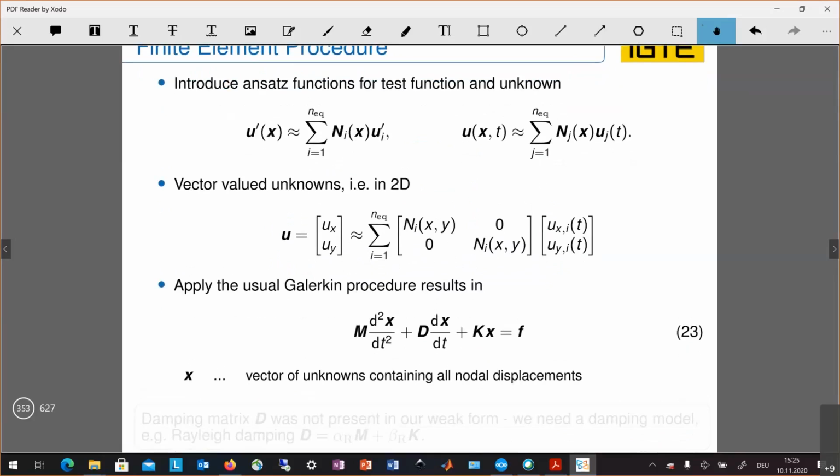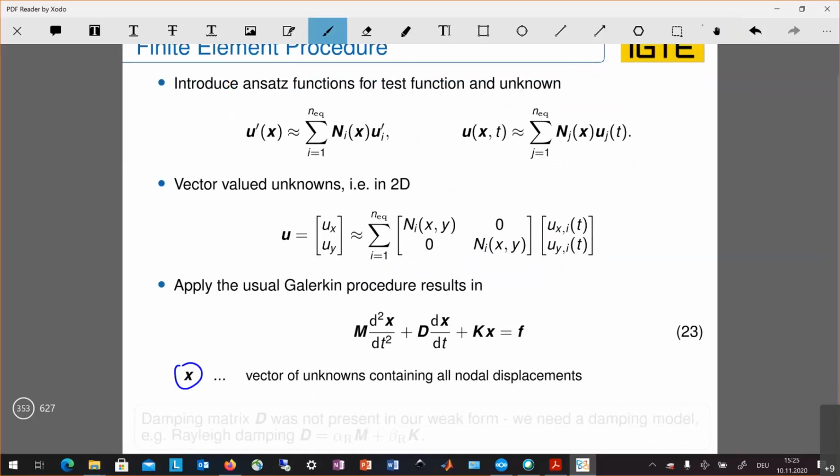So x here is just a vector collecting all the unknowns of all the displacements at the finite element nodes, concerning the x, y, and z components. And we have a so-called mass matrix that we get due to the inertia forces.